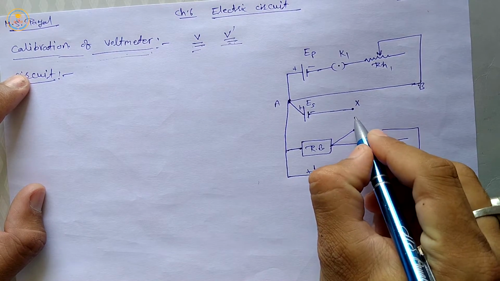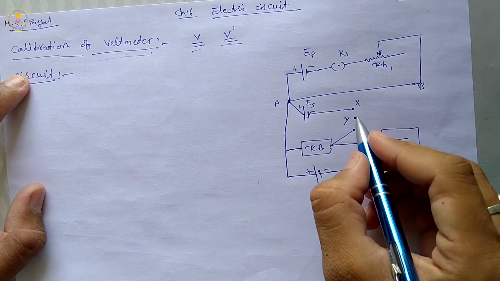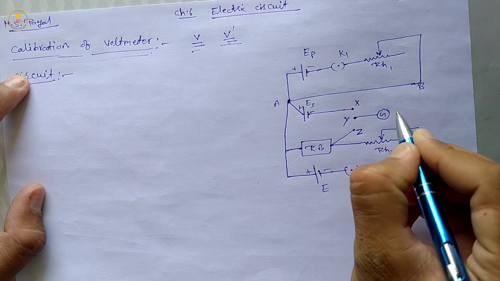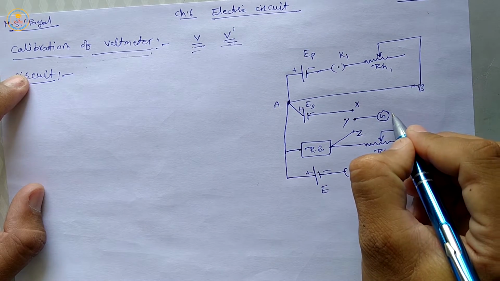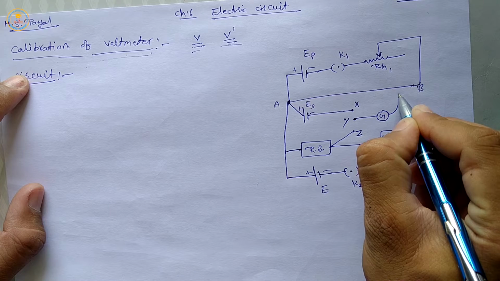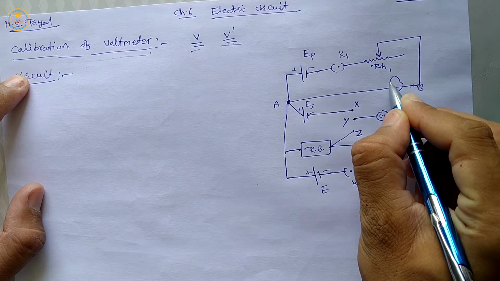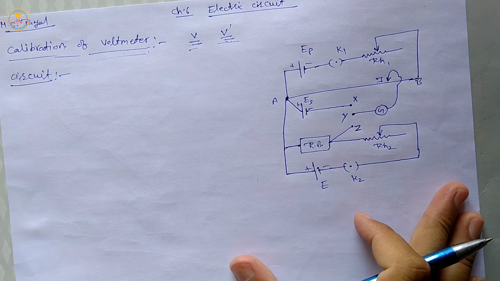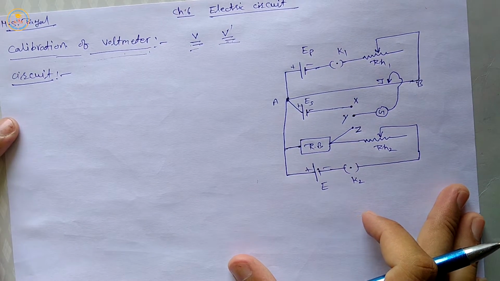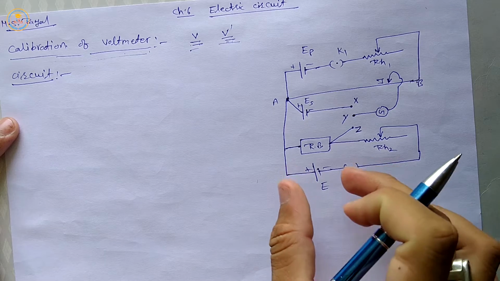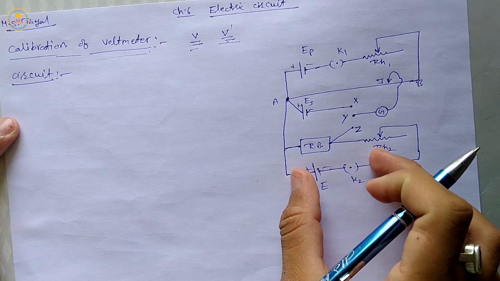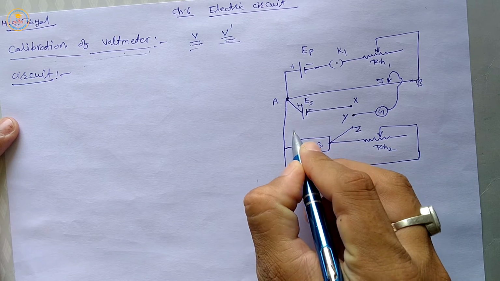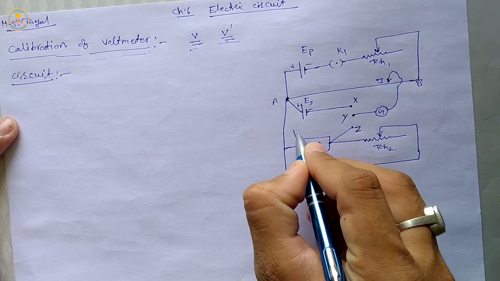Now, this is Y terminal of two-way key, and this terminal is connected to a galvanometer, and another end of galvanometer is connected to this jockey J. Now, the voltmeter which is to be calibrated should be connected across the end of this resistance box.